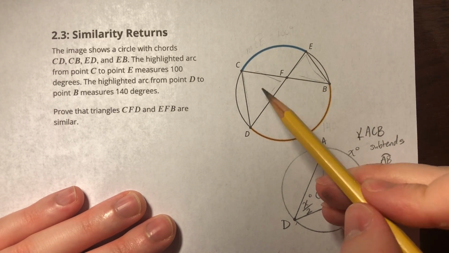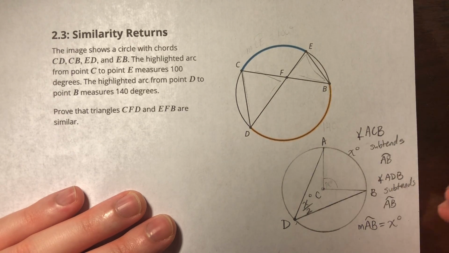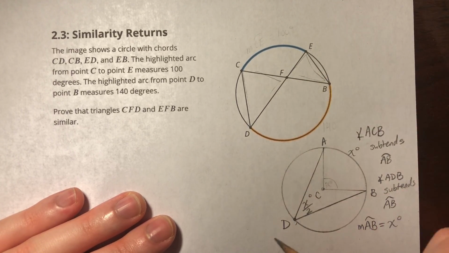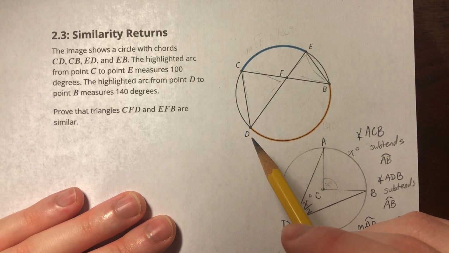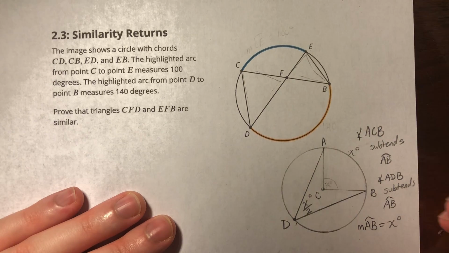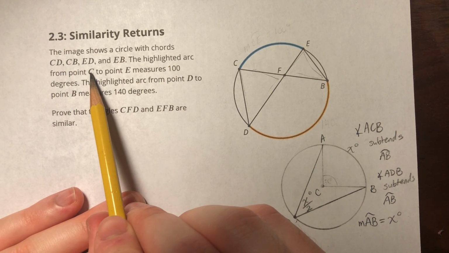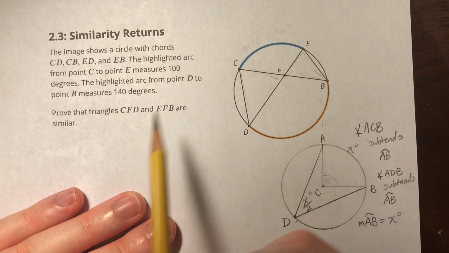All right, we've seen diagrams like this many times throughout the year. Not with a circle, but sort of this diagram where you got these two triangles paired off that way. So the first thing I'm going to do is label whatever they've told me the measurement of. They told me that the arc from C to E measures 100 degrees.